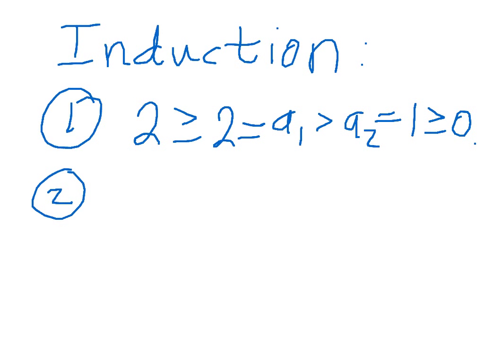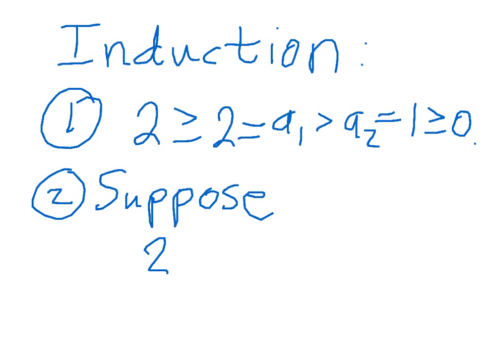Now what you've got to do is show that it's decreasing at any step along in the sequence, and that's what induction allows you to do. It's a little bit different than what you're used to, though. This is a proof, so it's going to take some doing. So let's suppose that we're in a situation where 2 is bigger than or equal to A sub n, which is bigger than A sub n plus 1, the next one in the sequence, which is bigger than or equal to 0.